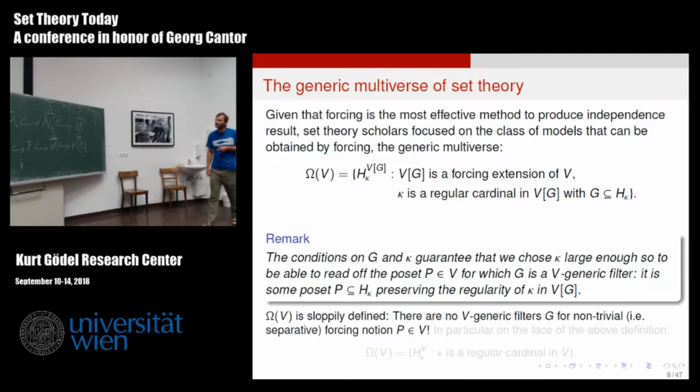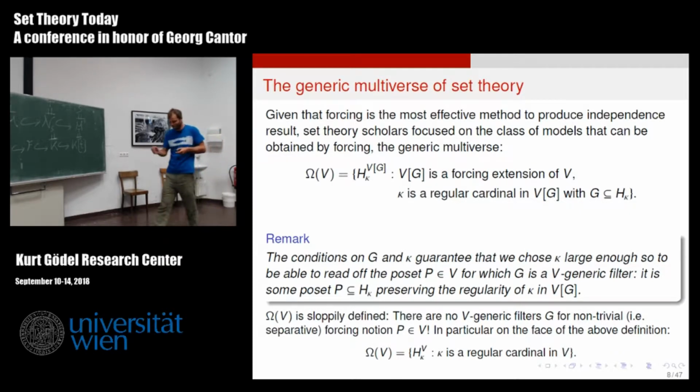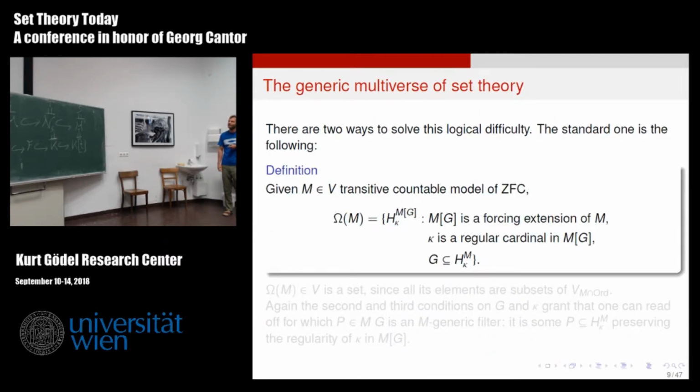Okay, the problem with this definition is that there are no V-generic filters. Okay, so if you are formally correct, what you end up having is just enumerating all the H kappa for kappa regular cardinal in V. Okay, so if you want to make your study at least meaningful, you have to change your definition.